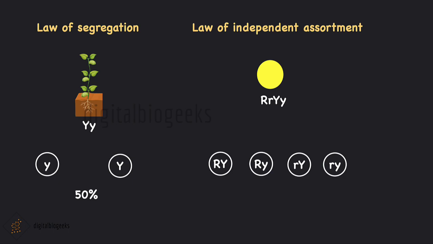The inheritance of capital R is nowhere linked to the inheritance of capital Y. They are inherited separately. The yellow color is not linked to the round shape of the seed. Yellow color can be combined with wrinkled seeds as well. Both the genes coding for these characters are inherited separately and independently. That is why we get the new traits in the F2 generation that are different from the parents.